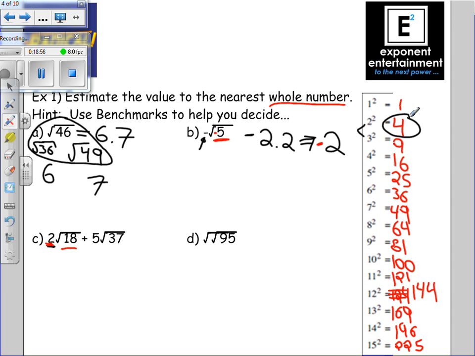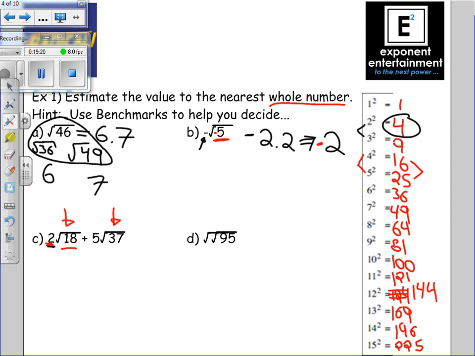If you estimate the square root of 18, you look at the number 18. Where does it fall in between? It falls right here, which means the square root of 18 is going to be somewhere in between there. 4 point something, right? It's closer to 16 than 25, so we're going to say 4.2.